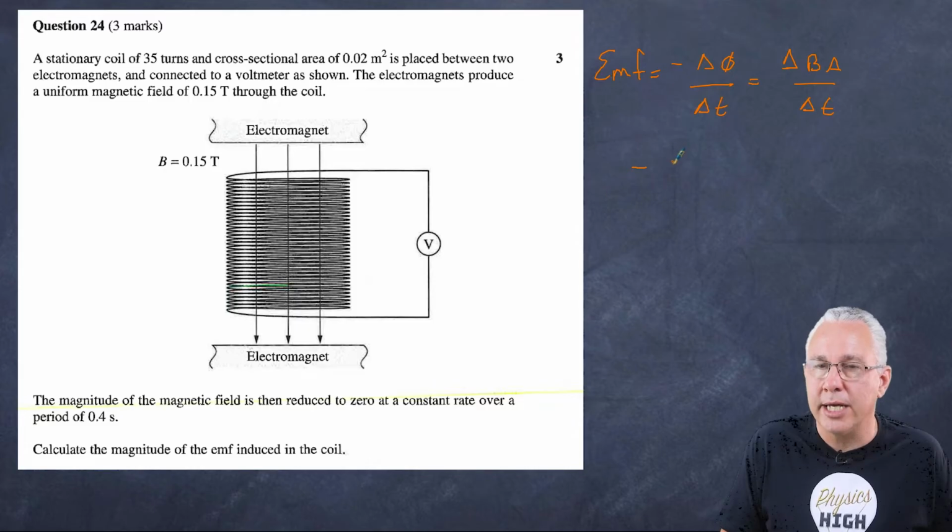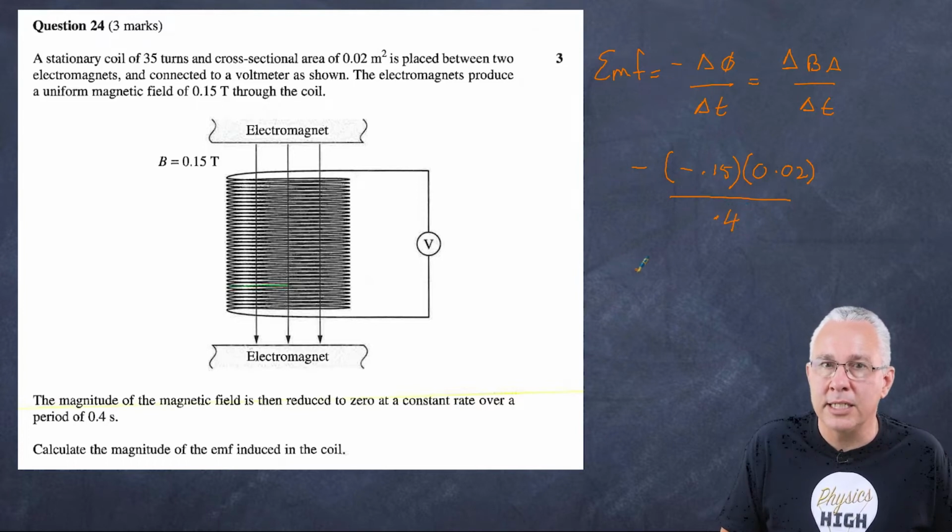Now, what is that change in magnetic field? That's what's changing. But if you look very carefully, it goes from 0.15 to 0. So therefore, we have negative 0.15 change in our magnetic field strength. We multiply this by the area, which we are told remains constant at 0.02 square meters, divided by the time, which is, of course, 0.4.